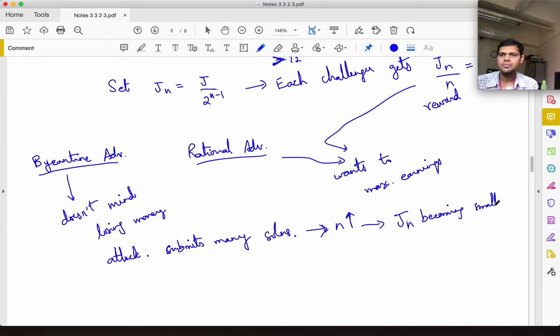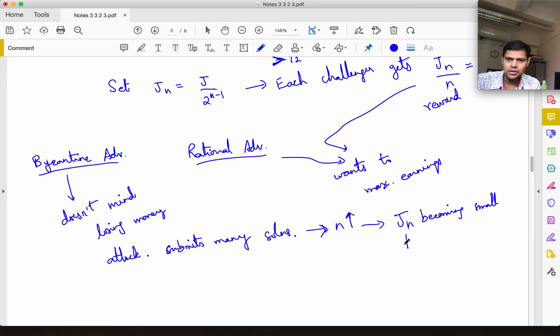And this is a big problem because now other miners who are honest will not be getting much. They are going to submit only one solution because let's say they are rational. And this Jn goes down exponentially as n increases. So this is a problem.